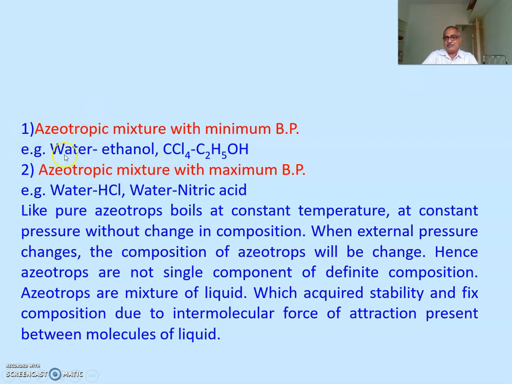For example, azeotropic mixtures with a minimum boiling point: water and ethanol, carbon tetrachloride and ethyl alcohol. Azeotropic mixtures with a maximum boiling point: water and HCl, water and nitric acid. An azeotrope boils at constant temperature and constant pressure without change in composition.